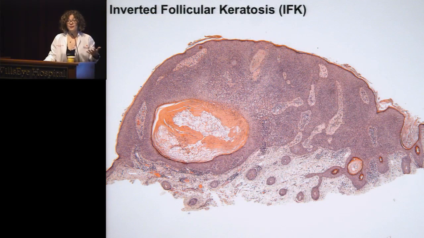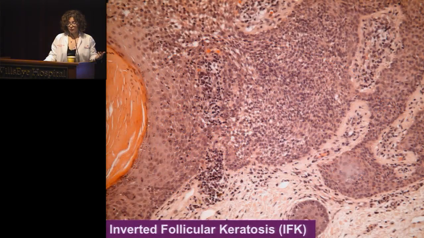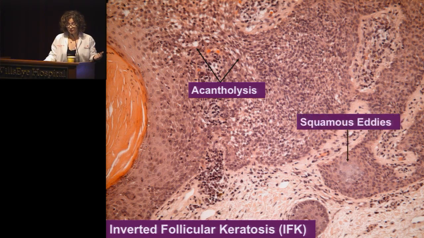Sometimes it becomes irritated or inflamed, and it can look as if it's growing in, and it can be associated with significant inflammation. So an example of this is called inverted follicular keratosis. And we can see acantholysis, which is a characteristic feature of this lesion, associated inflammatory infiltrate, and formation of these balls of squamous cells, which are called squamous eddies.